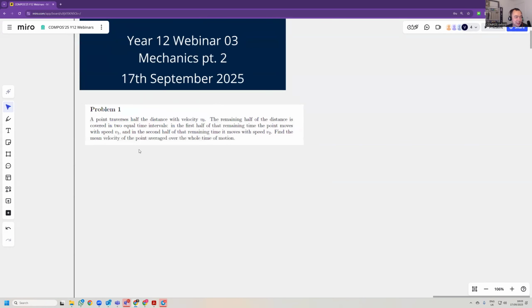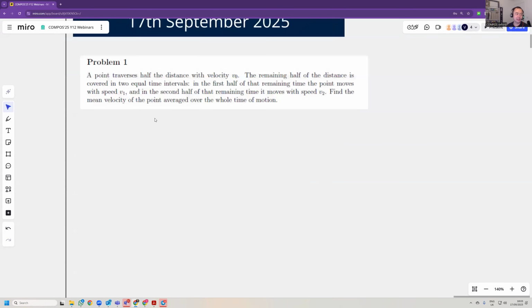Perfect. So problem 1, a point travels half the distance with velocity v0. Okay, so let's get to drawing. It's very important to draw a diagram. So half the distance with velocity v0. The remaining half of the distance is covered in 2 equal time intervals.